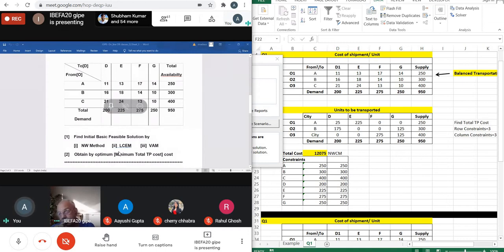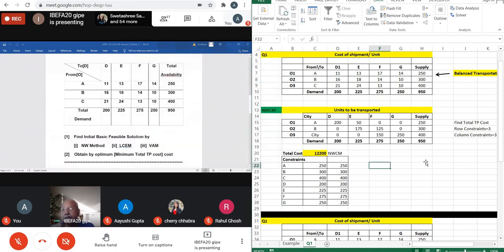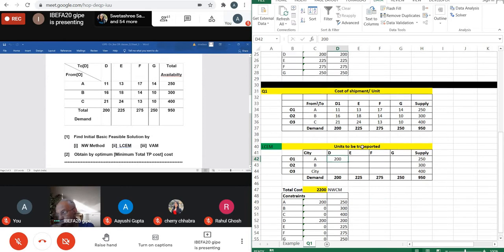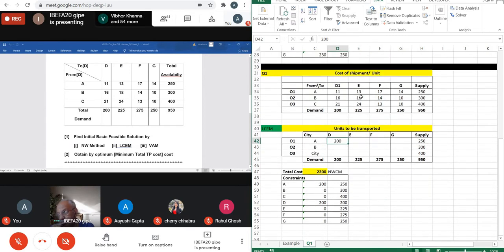Sir, it's coming as 12075. Perfect. Repeat for LCEM. You can save at the same time also. Northwest corner method, save it, copy and paste somewhere and then do by LCEM and save it. That will help you in exam.